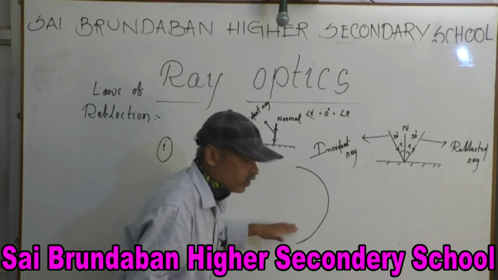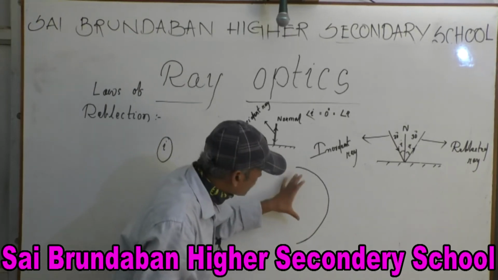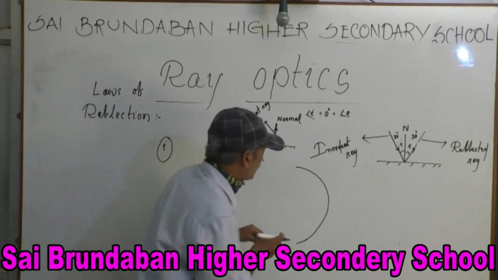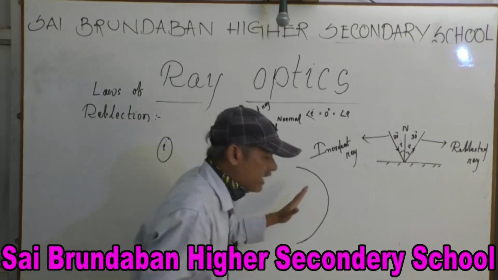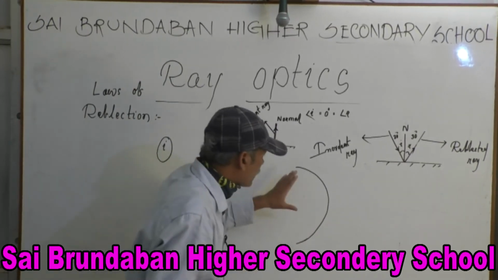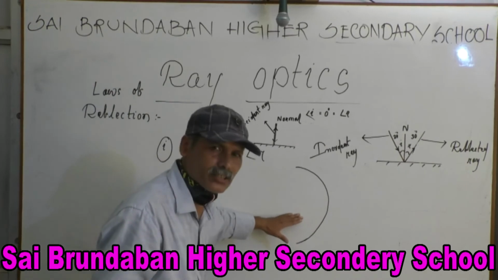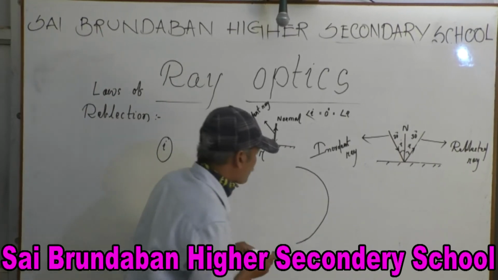This is the concave surface. It appears like a cave. Let's say this is a concave mirror, means the concave surface is the reflecting surface.